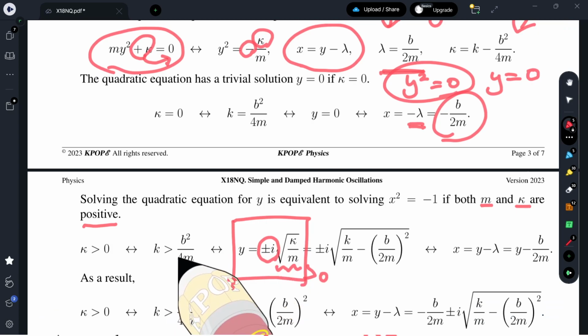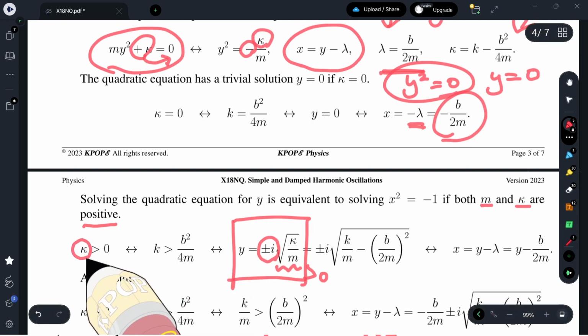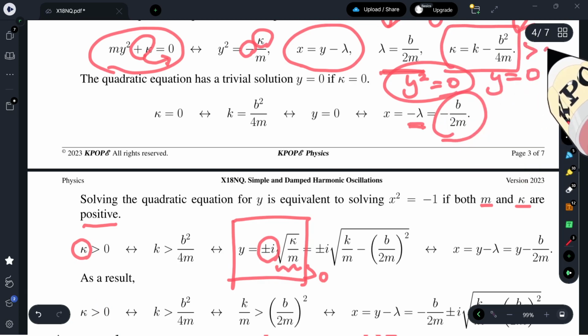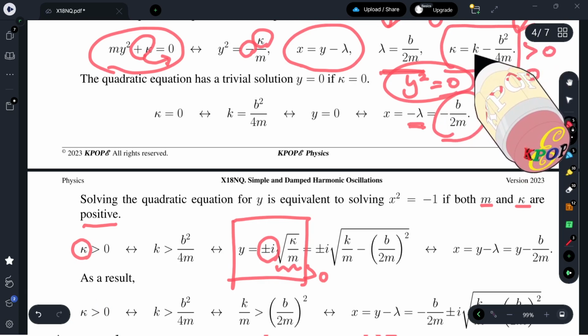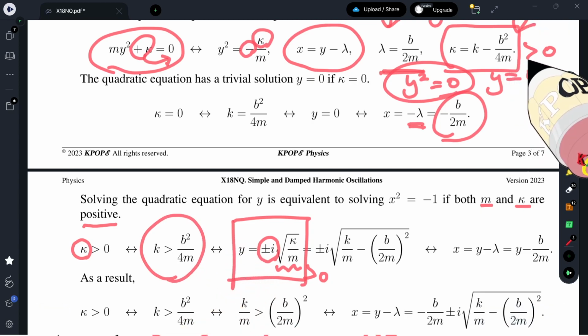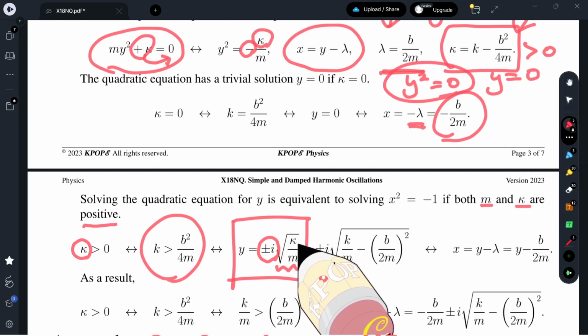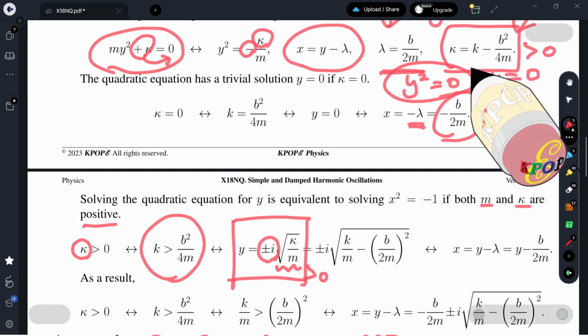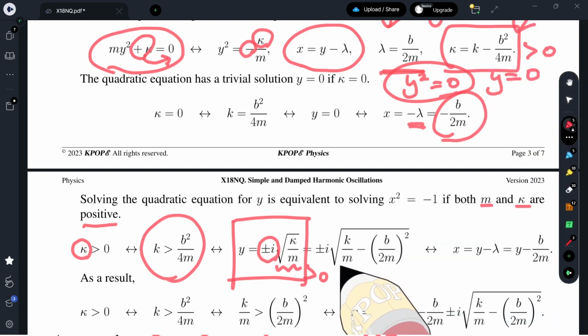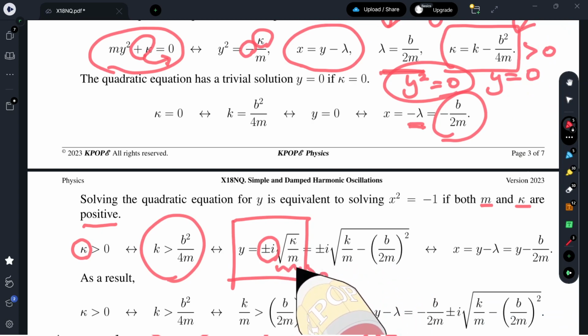Alright, in order for this kappa to be positive, because of this, it is positive. That means k is greater than b squared over 4m. Alright, in that case, we substitute this kappa, that is k minus b squared over 4m, and we have a denominator m.